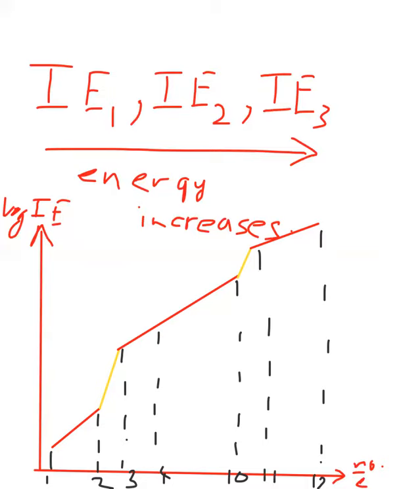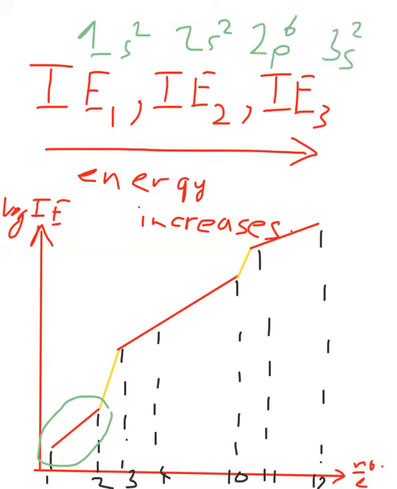The first two electrons are being lost from the outermost shell. That is the 3s orbital, because the configuration of magnesium is 1s2, 2s2, 2p6, and then 3s2. The first two electrons are being lost from the 3s orbital, which is furthest away from the nucleus. So the attraction is least. So over here, the ionization energy is least.